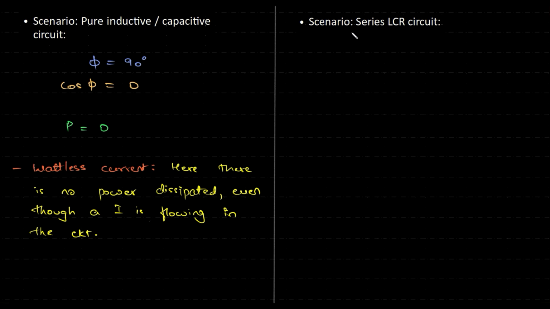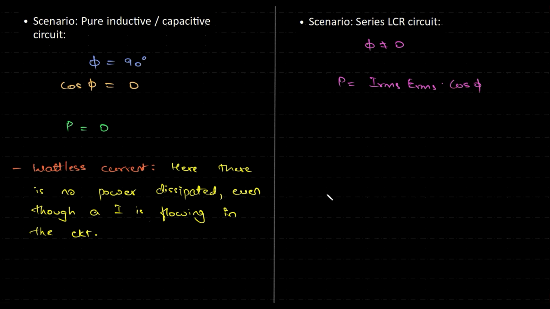Next, a series LCR circuit. So here we know that phi will not be equal to 0. And so we have power equal to IRMS, ERMS into cos phi.